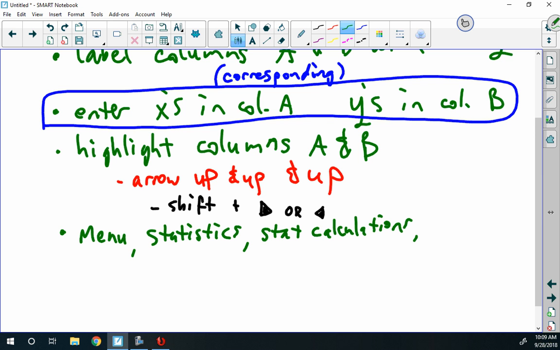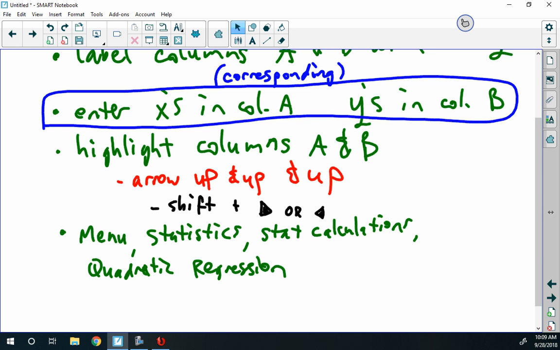Menu, statistics, stat calculations. And you're going to choose option 6, quadratic regression. And then from there, you'll just follow the wizard, and it's going to output everything, and you'll just have to interpret your answer. It's pretty cool. I'll leave that up there another minute, and then we'll get right to it.